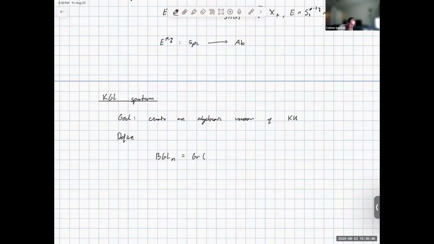This is going to be the moduli space of n-dimensional vector spaces in A infinity. So this is not a scheme, this is an ind-scheme, but that is perfectly fine because an ind-scheme is automatically going to be a, oh, actually that may not be true.